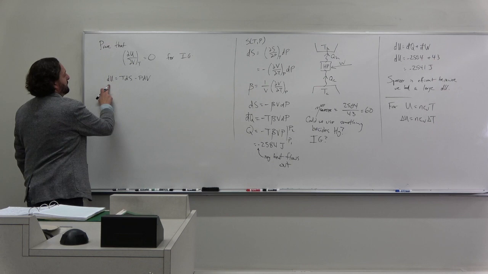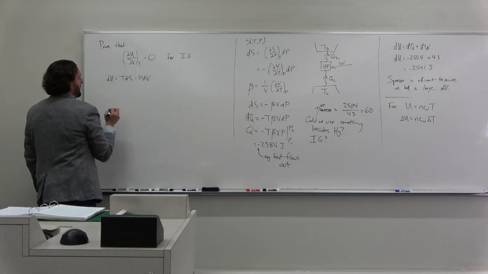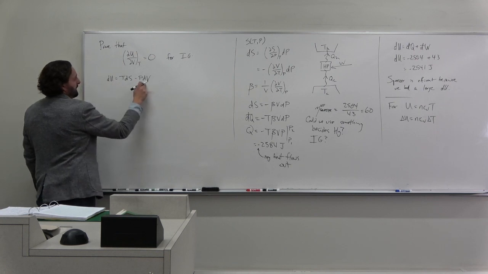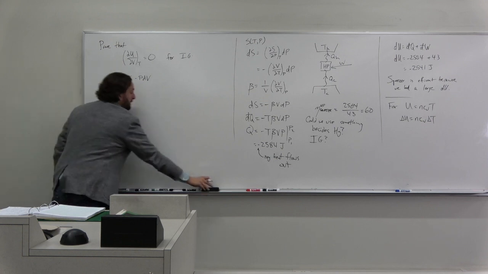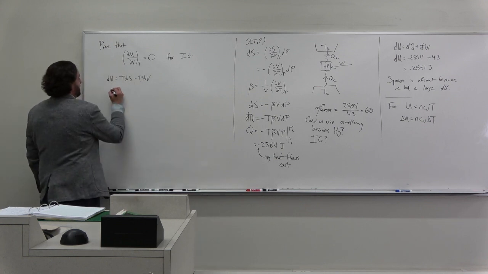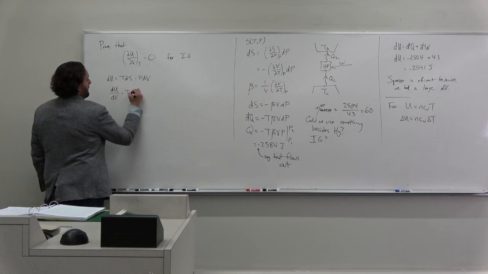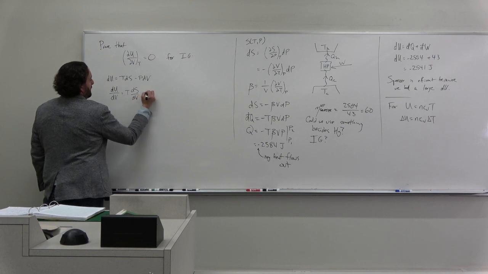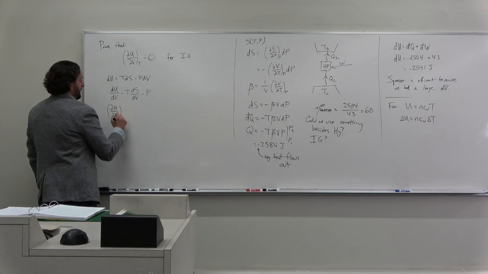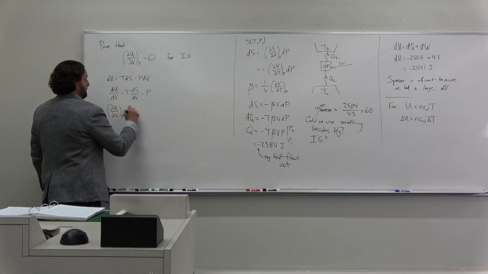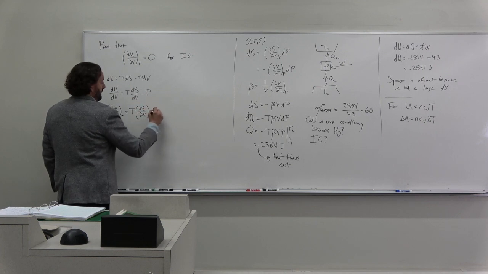You can see that's a nice starting point because we already have partial U and partial V. Let's divide through by partial V. Or really, we should write partial U, partial V, constant T, equals T, partial S, partial V, constant T minus P.